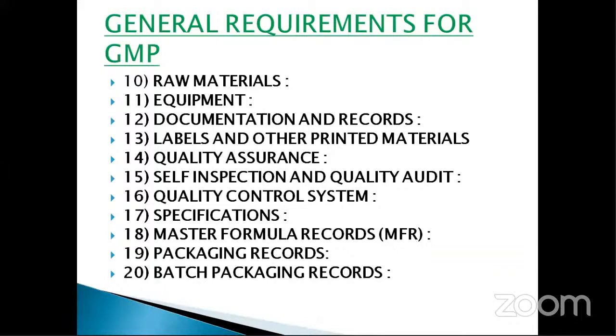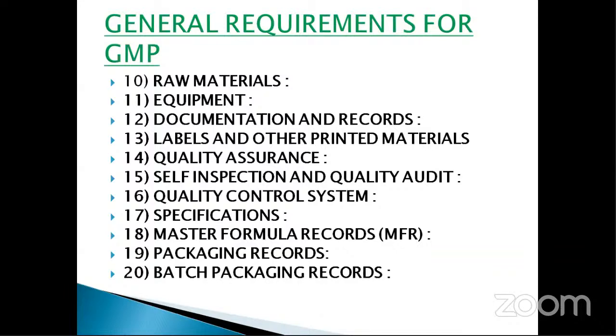How many labels have been taken should be maintained. And you have to take appropriate measures to avoid the chance of mix-ups of printed packaging materials. Prior to release, all labels for containers, cartons, and boxes, all circulars, inserts, and leaflets should be examined by the quality control personnel.